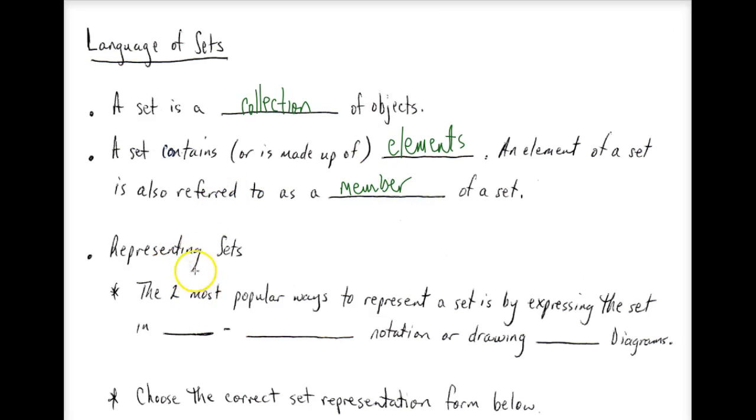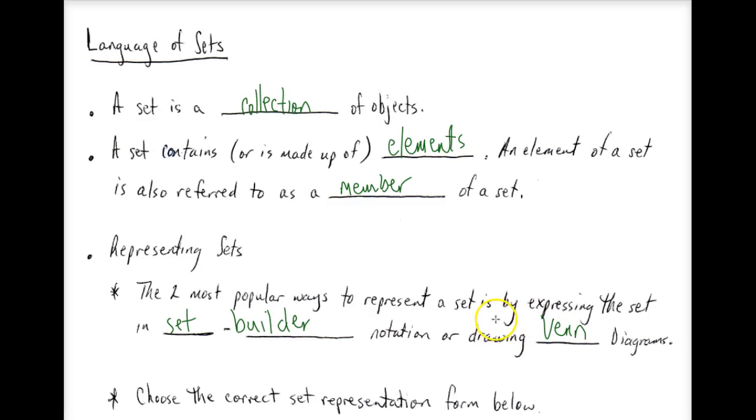Next, how do we represent sets? The two most popular ways to represent a set are by expressing it in set builder notation, as well as using a Venn diagram.